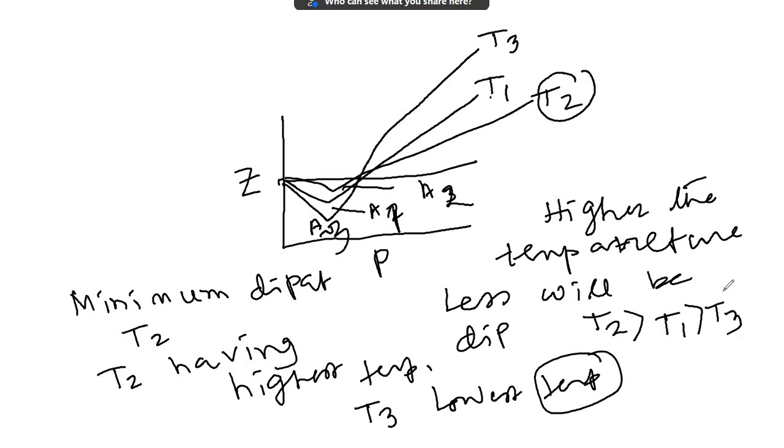Now, in the van der Waals equation, we have two correction terms. What are the two correction terms?